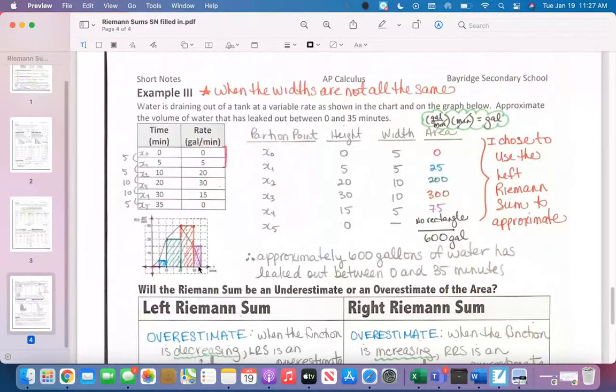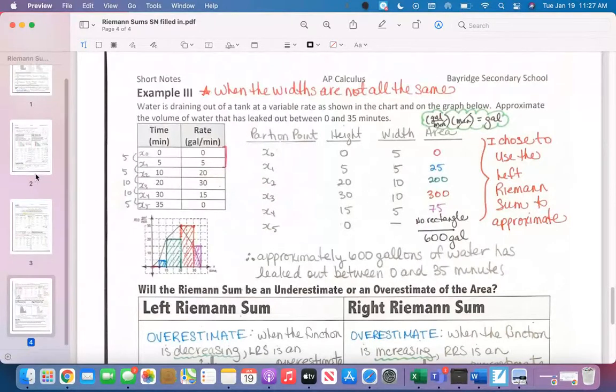I just wanted to make sure that you know that it's helpful when the widths are the same. That's probably the easiest situation, but sometimes we do our Riemann sum calculations when the widths are not the same.